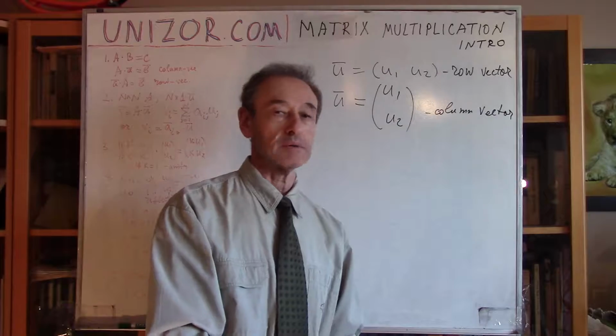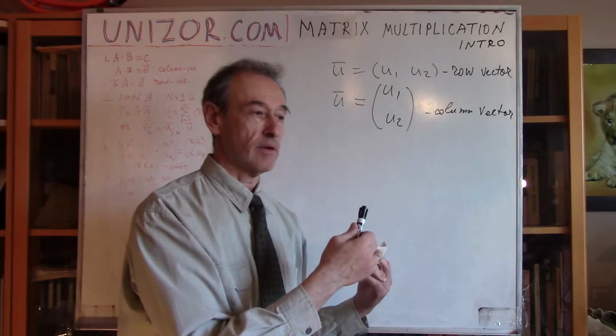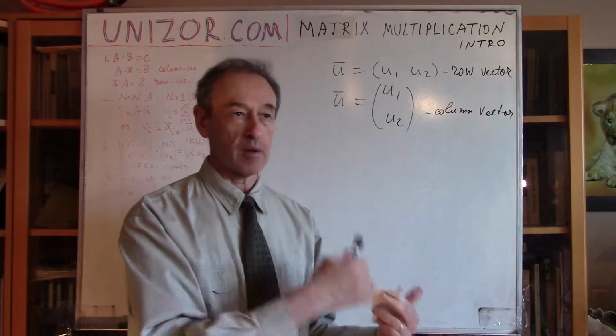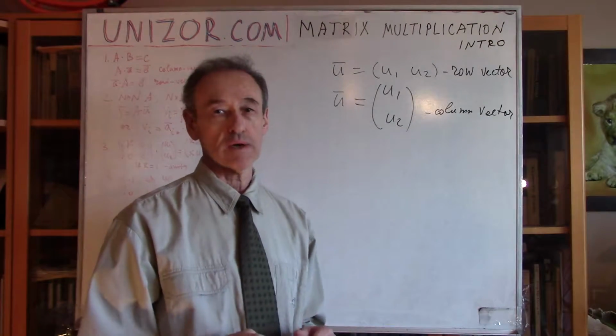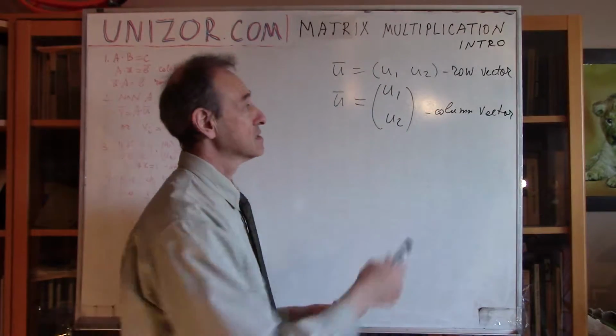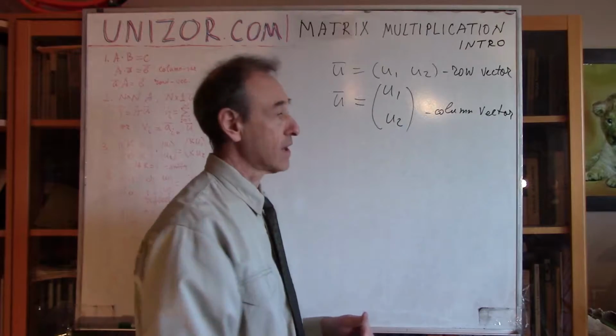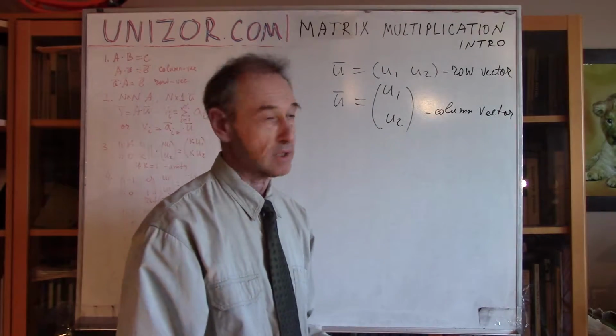Because when I'm talking about matrices, I usually have a matrix of the size m times n, m rows and n columns. So that's exactly what I have to specify with the vector. If it's one row and n columns, it's an n-dimensional row vector. If it's n rows and one column, it's an n-dimensional column vector.